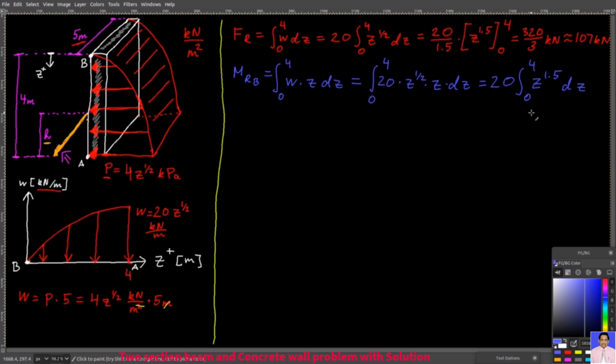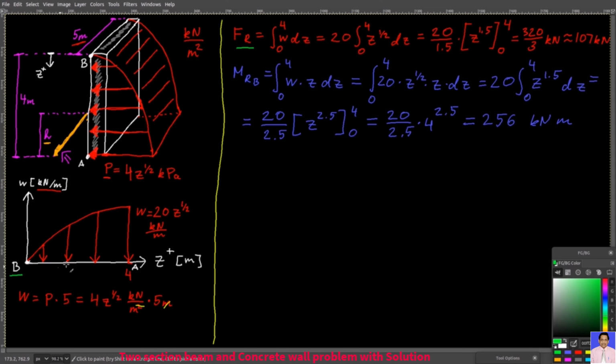You can also write it like this. And so if you evaluate it, then you will have this result, which is 256 kilonewton meters. And so the distance of FR from point B can be calculated like this.